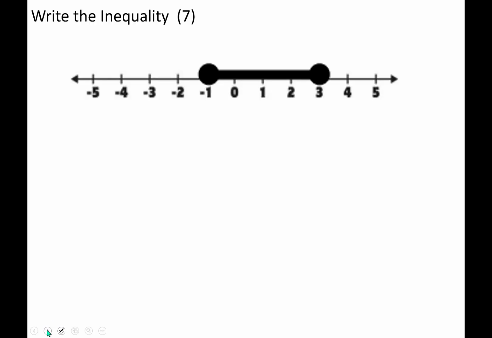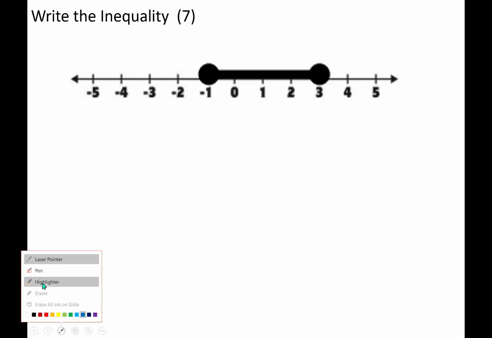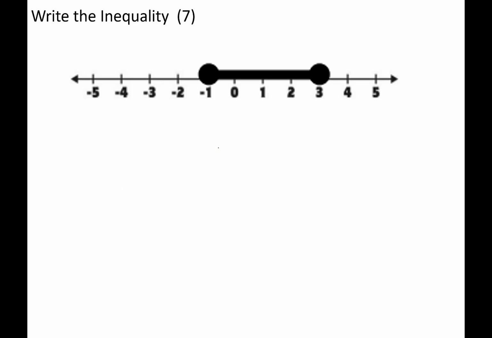All right, so let's look at a couple of these. What I'm going to start looking at is what are my endpoints? These two right here, -1 and 3. Since it's the overlapping area, I know it's going to be an "and".